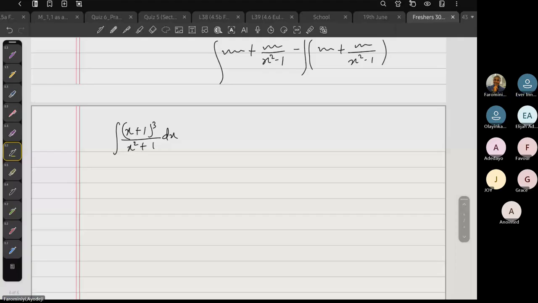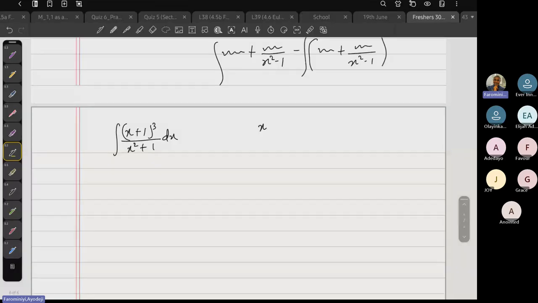Okay. That is a nice attempt, although that will not work here because the denominator is not a difference of two squares. It is a sum of two squares.